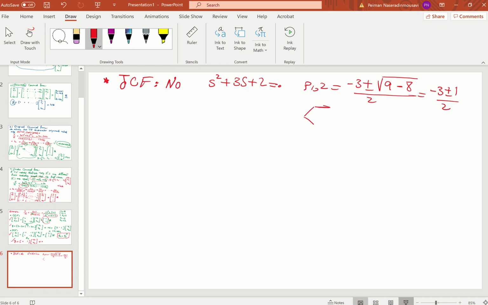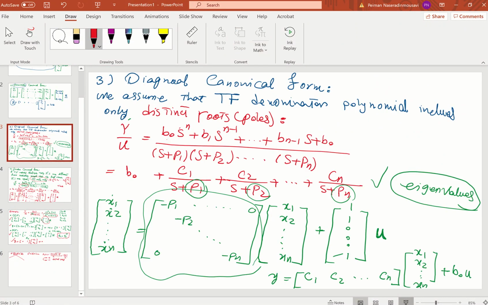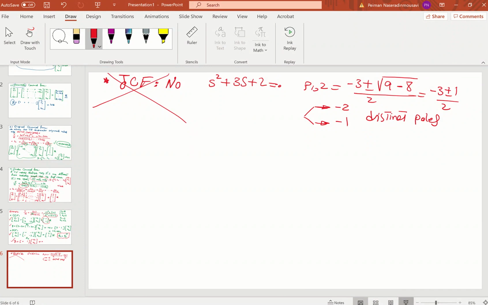So the poles are minus 2 and minus 1. They are distinct poles, so they cannot be represented by the Jordan canonical form, but you can use the diagonal canonical form, because all of the roots are distinct: minus 1 and minus 2.